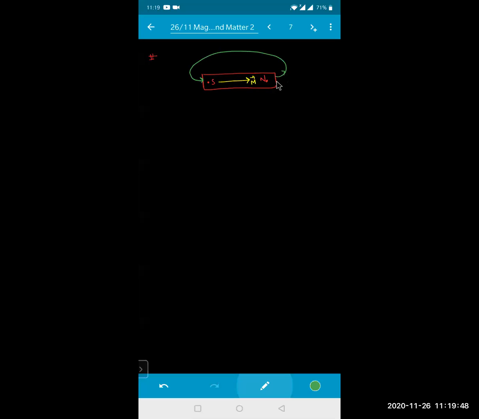That is the reason the north pole is taken as positive. It is coming like this, and here the lines enter inside. Is that clear?